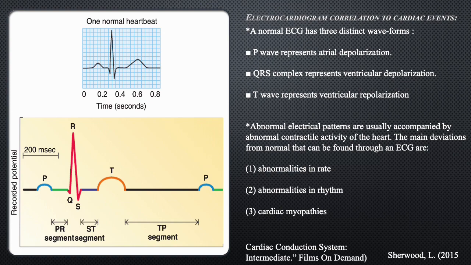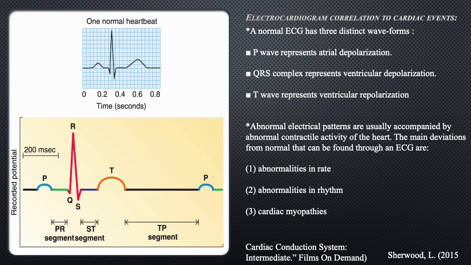Firing of the sinoatrial node doesn't generate enough electrical activity to reach the body surfaces, so no wave is recorded for sinoatrial node depolarization. Therefore, the first recorded wave, the P wave, occurs when the wave of depolarization spreads across the atria. In a normal ECG, no separate wave for atrial repolarization is visible.